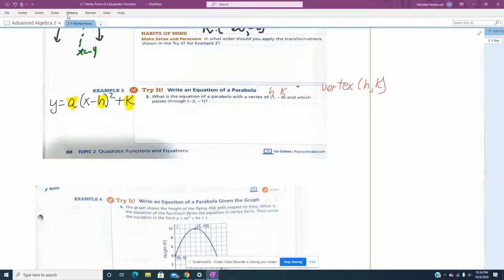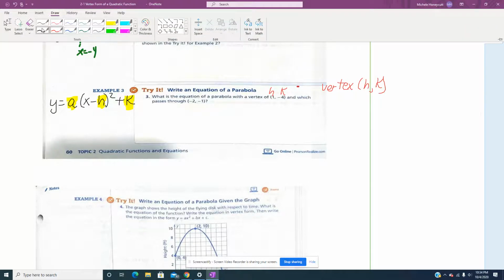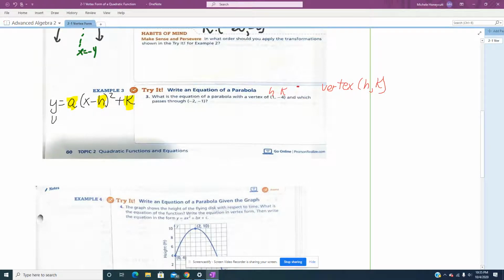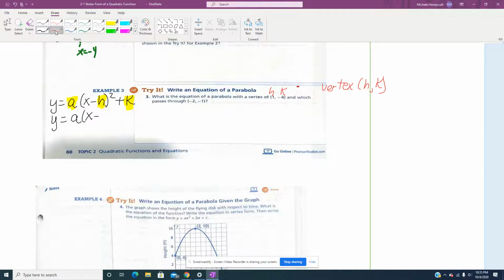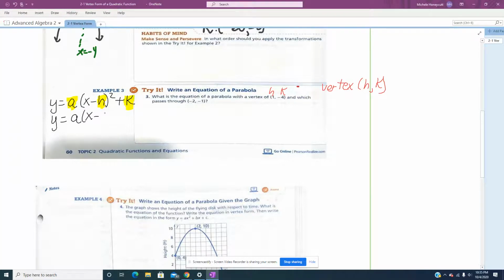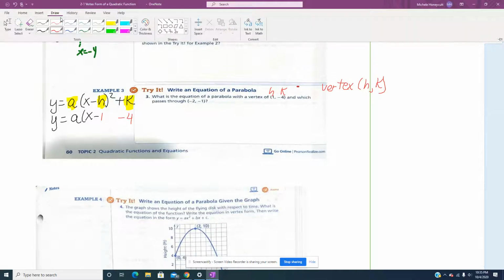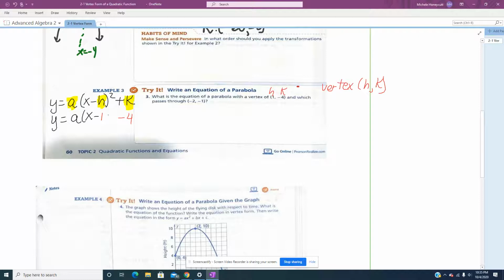So at this point, I know that I can write y equals a times x minus, and I'll substitute in the 1, and then I'll substitute in the -4 for h and k. Just don't forget to bring down all the other parts squared.